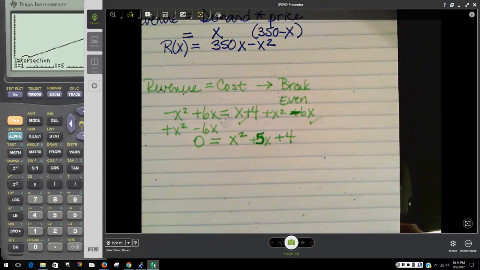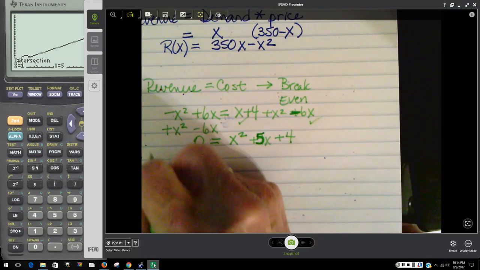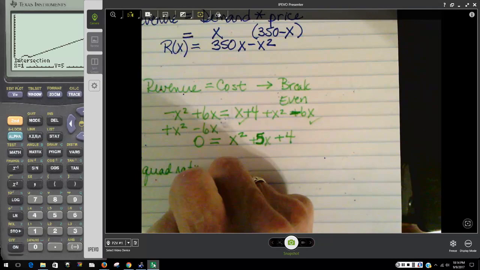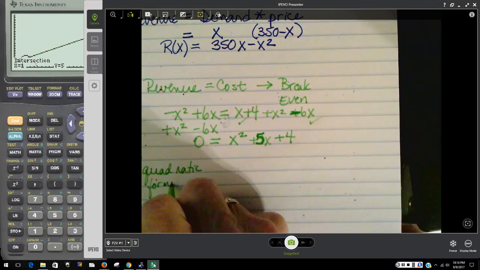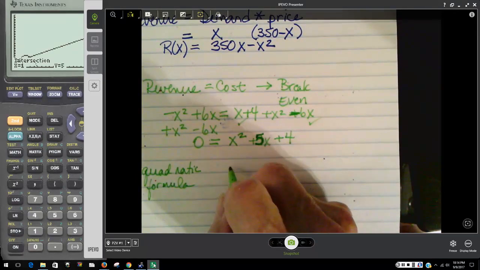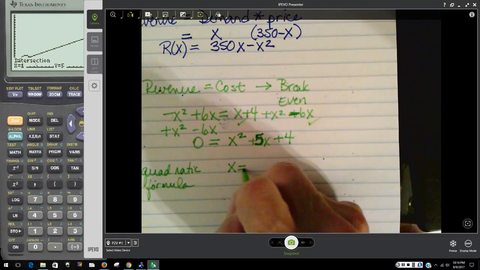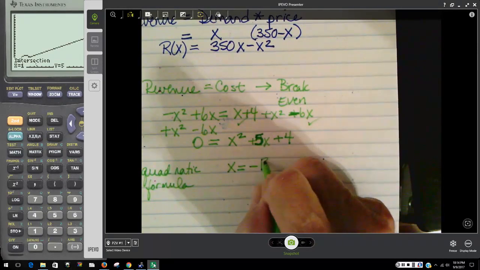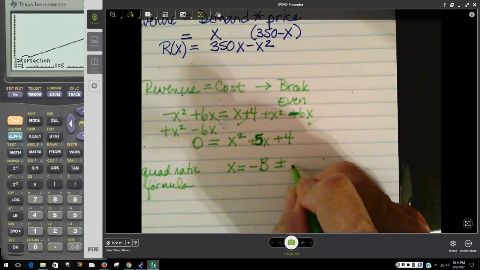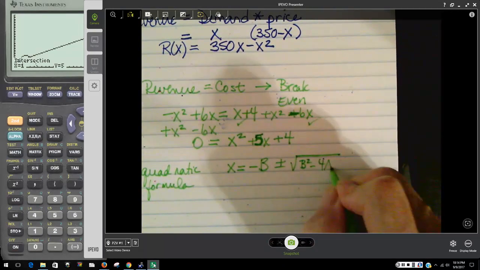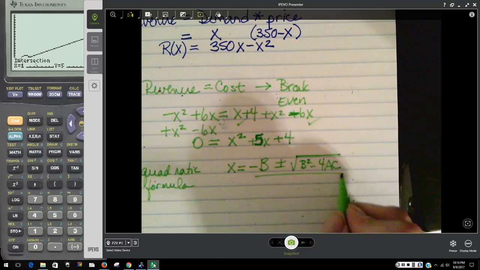Now, there are 2 ways to solve that equation. Quadratic formula, which tells you that x is going to be negative b plus or minus the square root of b squared minus 4ac, divided by 2a.